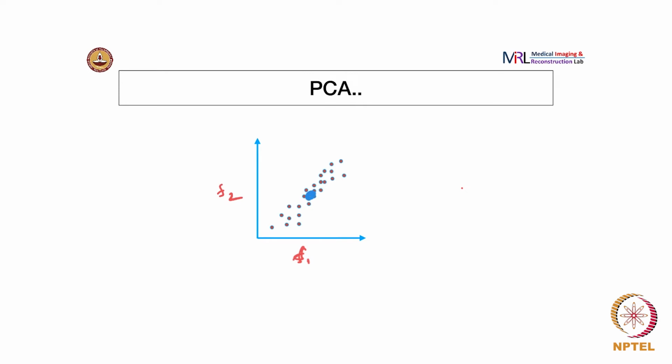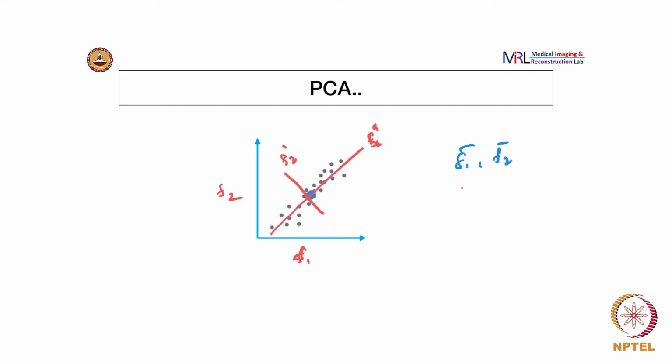The mean of these points is F1 bar, F2 bar. I'm going to draw a line that goes through that, and another line that goes through this. We're going to call these F1 prime and F2 prime.